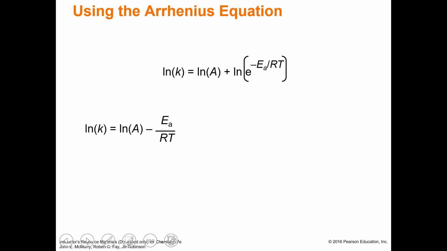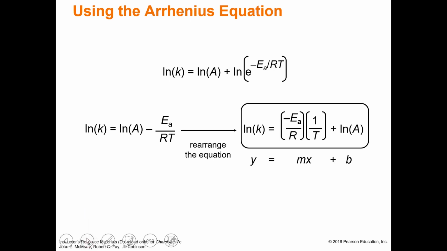As usual, we don't like things that are in a format that doesn't allow us to graph them, so we rewrite it. We can rearrange this equation, and it takes some calculus and algebra to get there, which we're not going to worry about because all we actually care about is the equation.